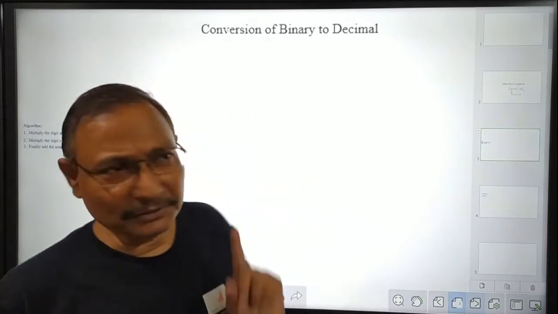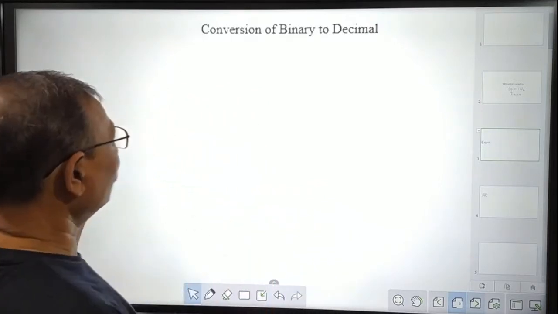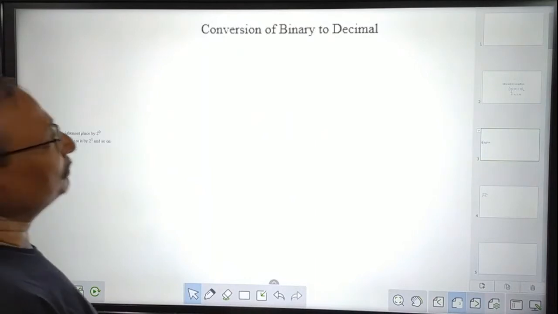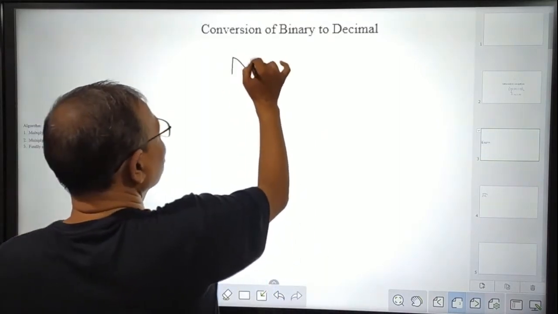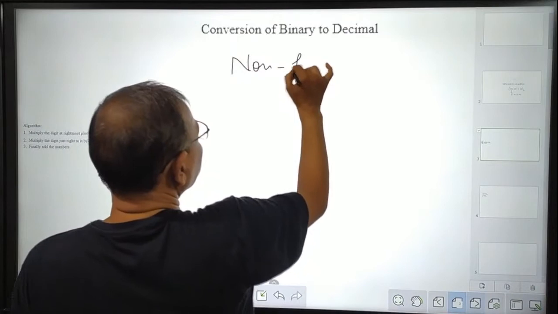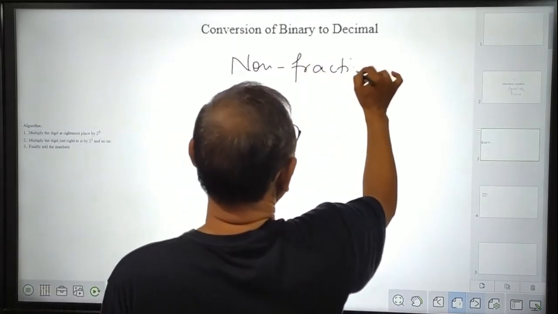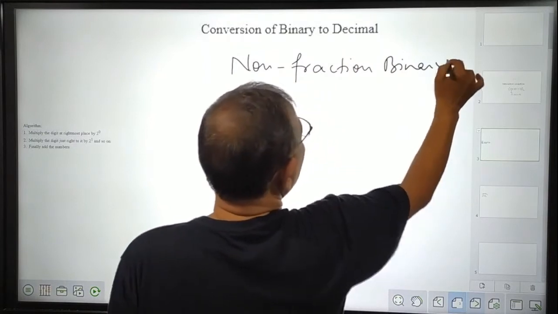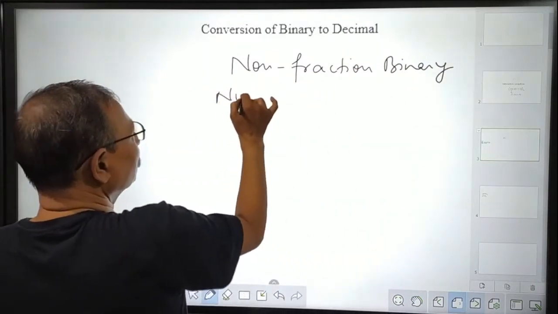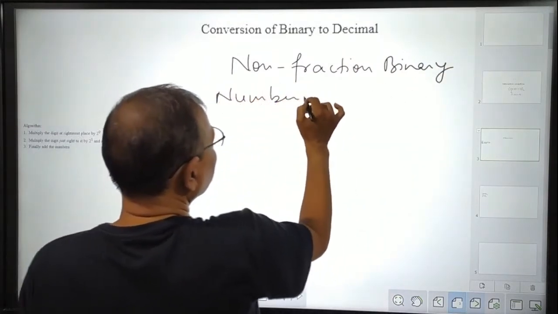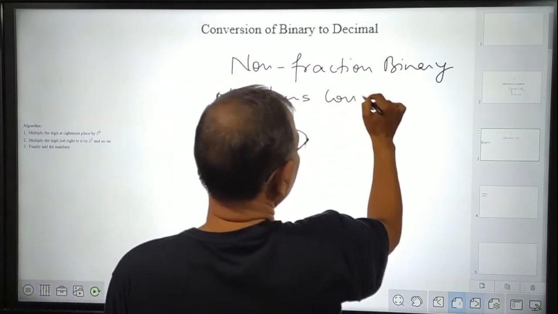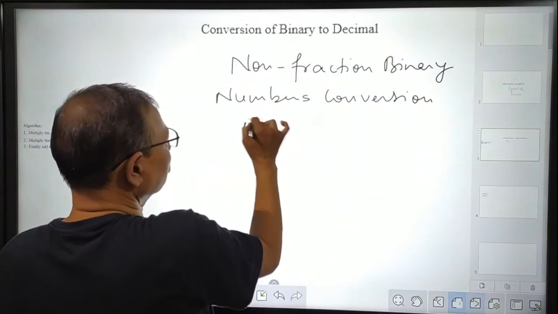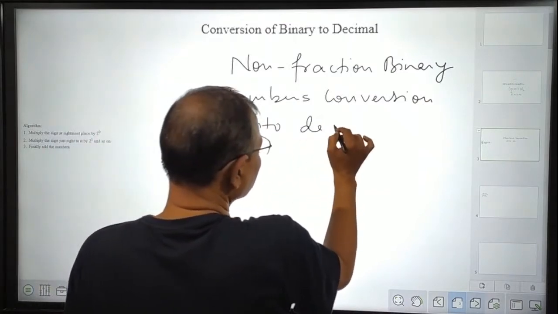If we are to convert a binary number into a decimal number, we begin with non-fractional binary numbers converted into the decimal system.